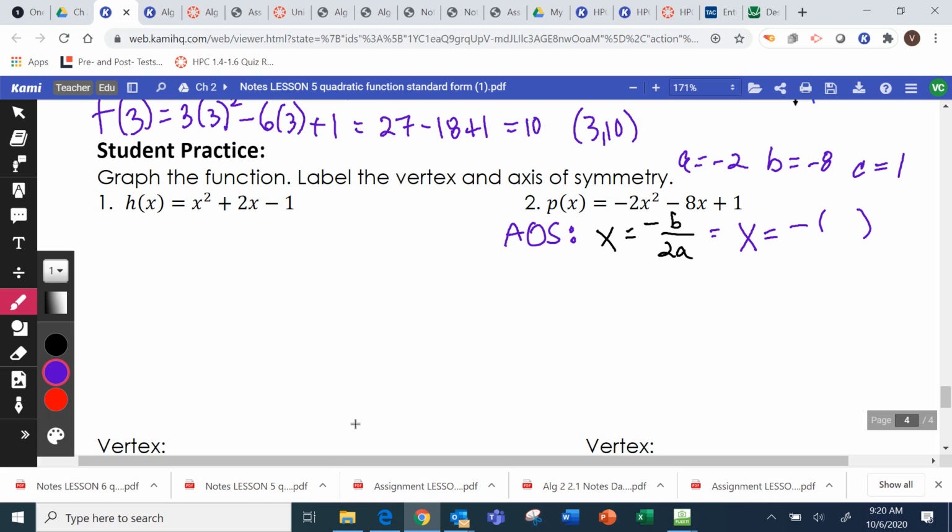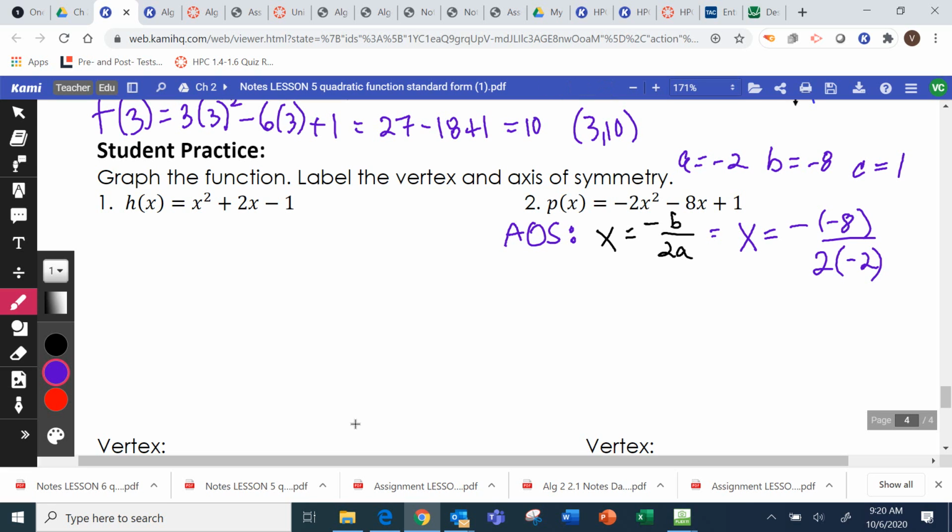Negative 8. Over 2 times A. Gennaro, what is A? Negative 2. So I put it in the spot where A goes.